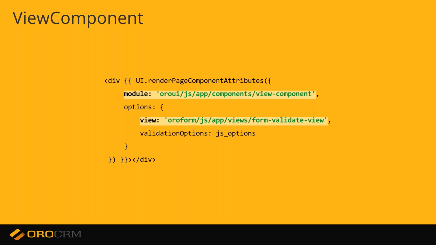For that purpose, we have ViewComponent. We can define the module name of the view that has to be initialized for the component in the component's options. So here you see that we used the common view component and specified the view module name of the view that has to be initialized.